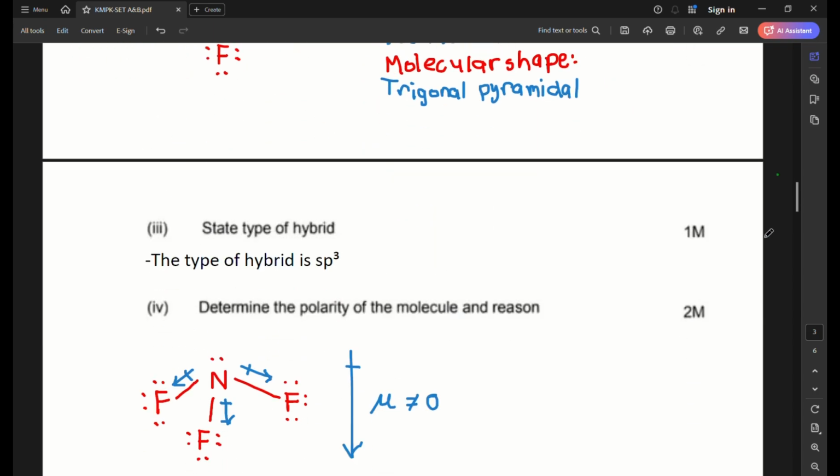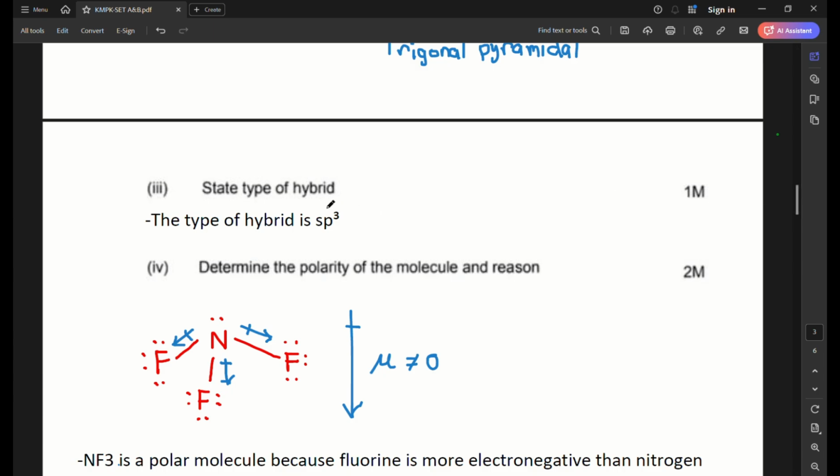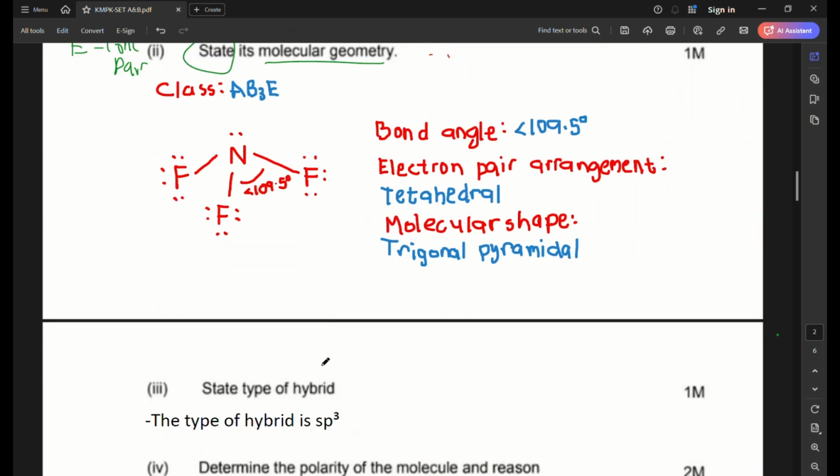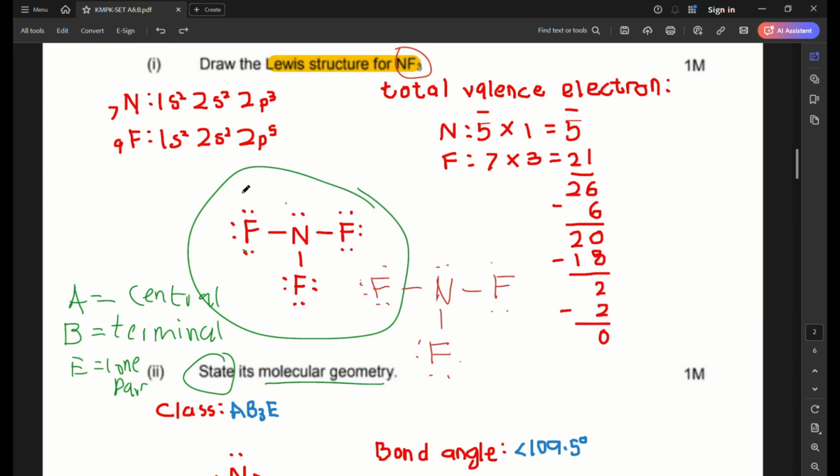Okay, so moving on to the next question, which is question number 3. State the type of hybridization. To determine the type of hybridization, you must first look at the center atom. Of course, you need to draw the Lewis structure. From this Lewis structure, you can see that the center atom is nitrogen.